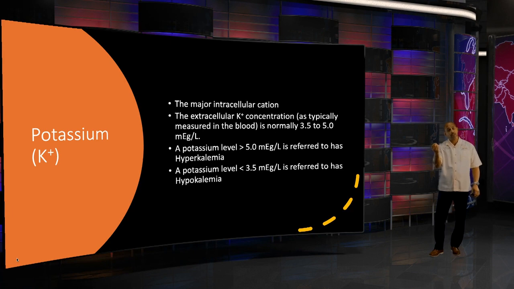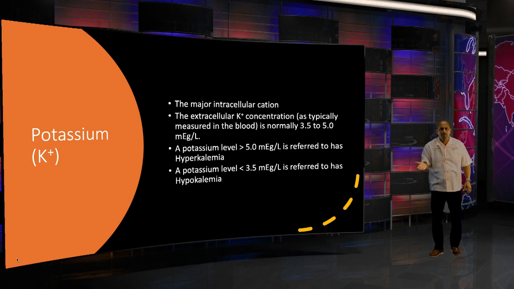We take that blood, run it through the machines, and get numeric values. If we know that potassium sits in a cell, and I'm not drawing electrolytes from inside the cell but from outside the cell, then my potassium level should be low. Because where should all the potassium be? Inside the cell.